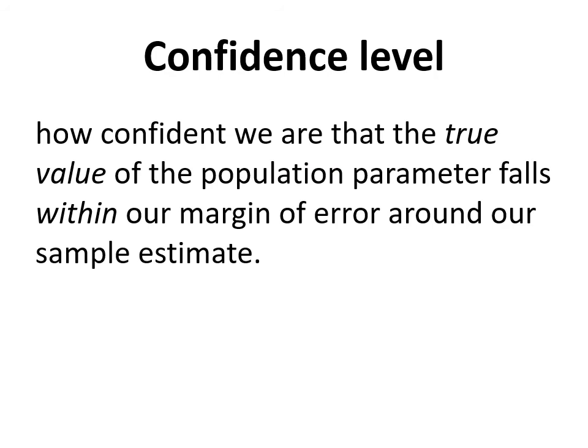So then the last of these three is the confidence level. And this is how confident we are that the true value of the population parameter falls within our margin of error around our sample estimate. So in the case of the frogs, one way to think about this is that, maybe unbeknownst to us, someone else had captured all 27 frogs and found out that their weight was actually, I don't know, 412.5 grams.